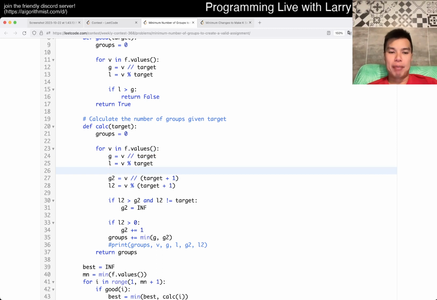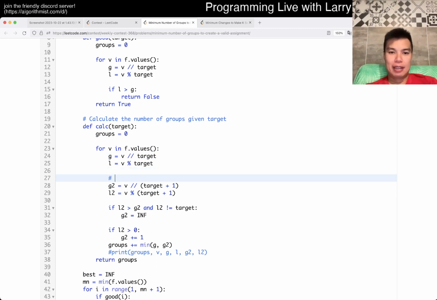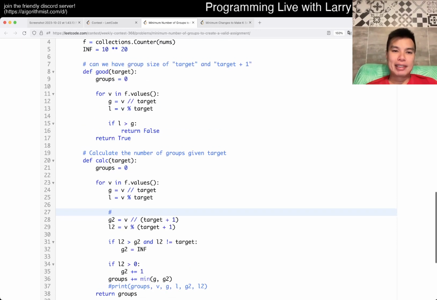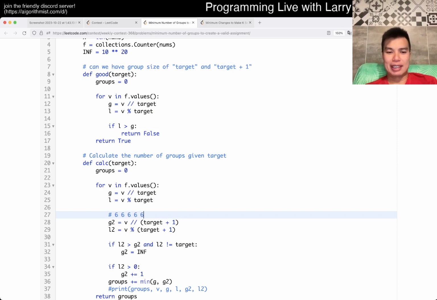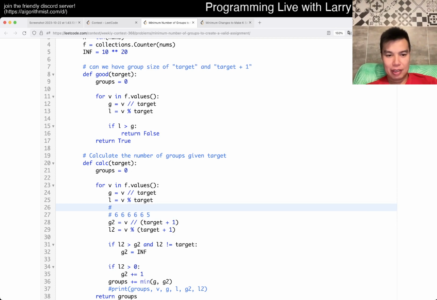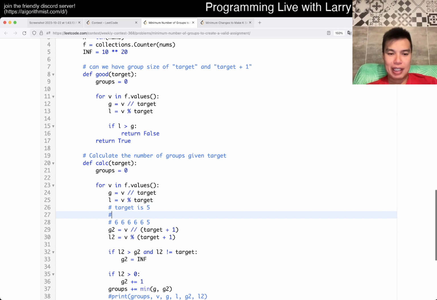Keeping in mind that we can do target and target plus 1, but sometimes having only target plus 1 groups makes sense. For example, if your target is 5 and these are your numbers, then you have either 6 or 7 of these.